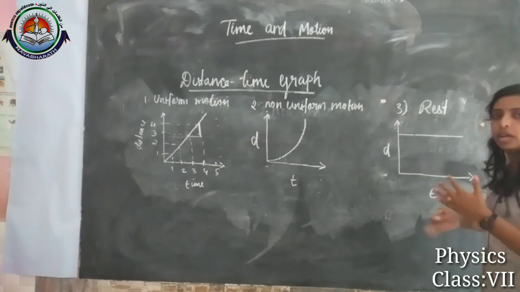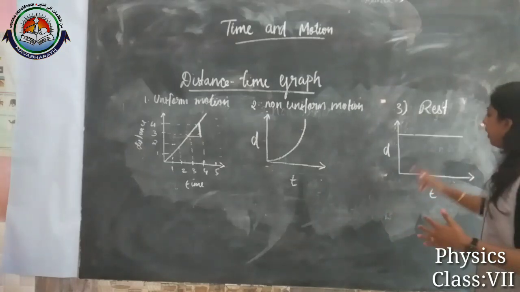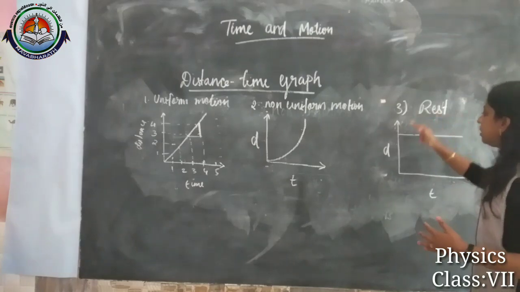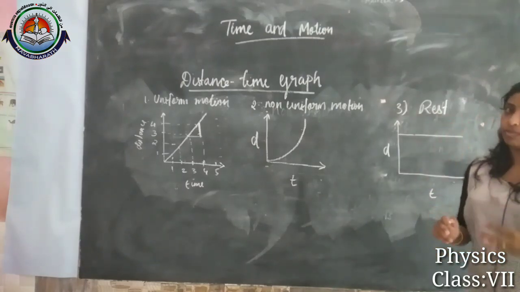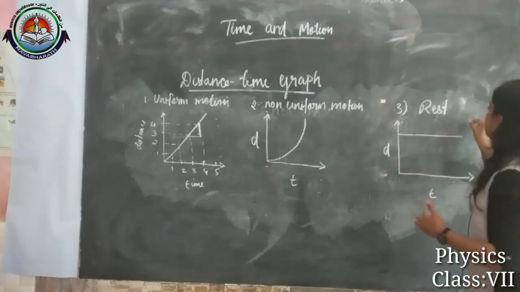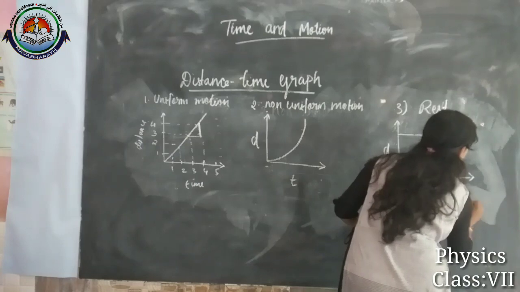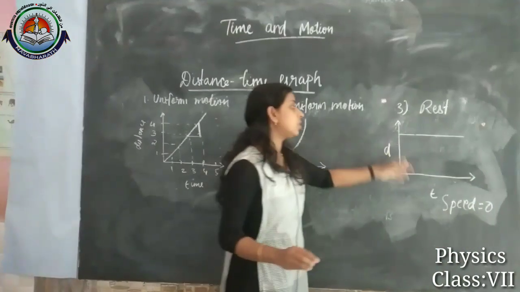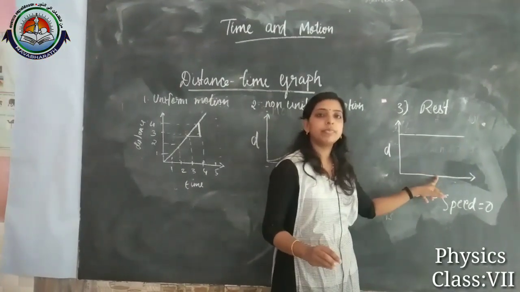For example, when we reach home at 9 o'clock, this is the distance time graph for an object in a state of rest. So in this case the speed of the object is equal to 0, because that object is in a state of rest and the line is parallel to the x-axis.